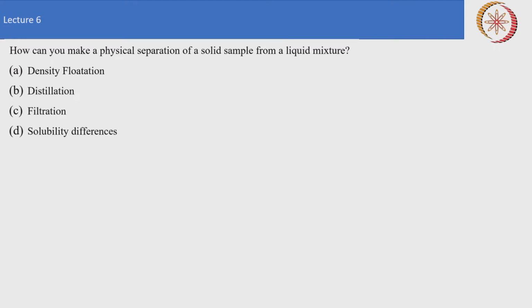Okay, the next question is how can you make a physical separation of a solid sample from a liquid mixture? Four options are there. First one is density floating, second one is distillation, third one is filtration, D is solubility difference.